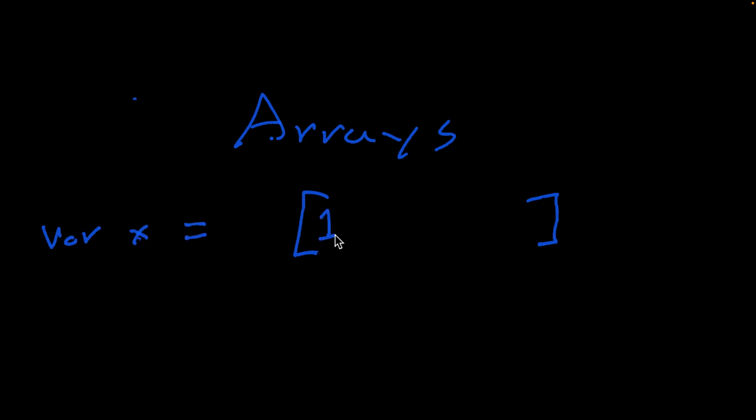And anything that we want in the array, we differentiate by a comma. Now, when we're reading the index of an array, what number do we start with? 0. So when we're reading an array, this is position 0, this is 1, this is 2, this is 3, and this is 4.